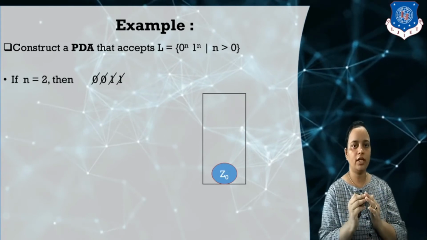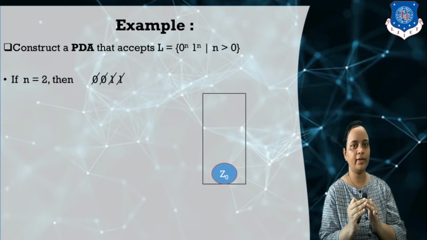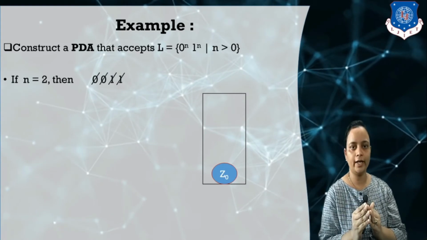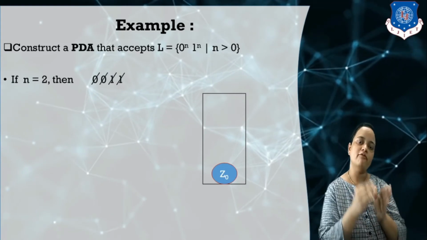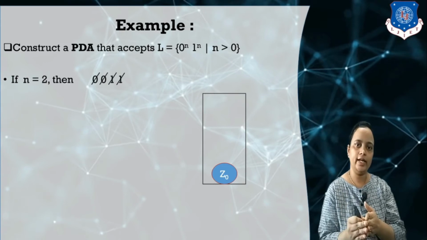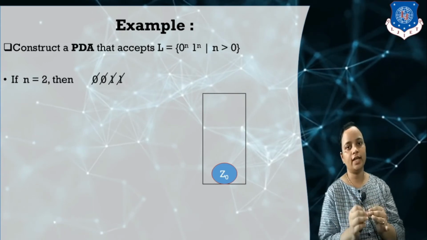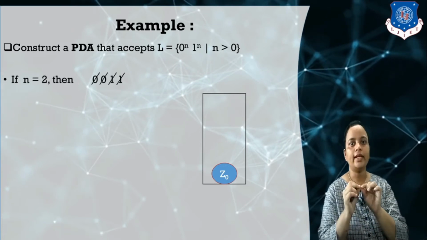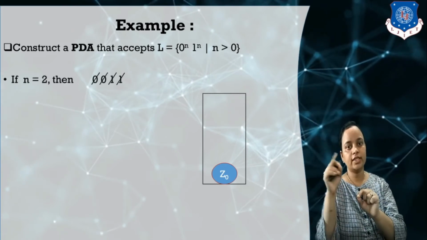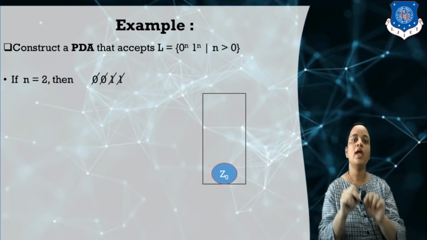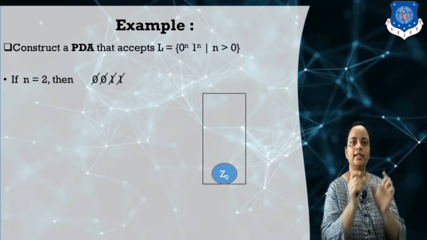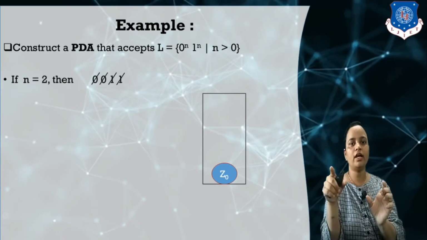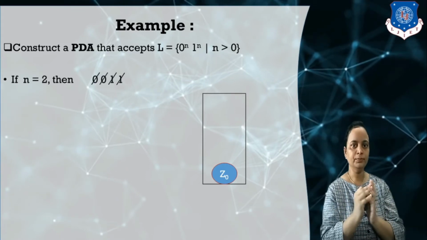Now if you see, reading the input string is completed. In a PDA, when the input string is completed, the last symbol is considered as null. So if the input is null and after the end of the string the stack contains Z0, it means that the string contains an equal number of 0s and 1s.